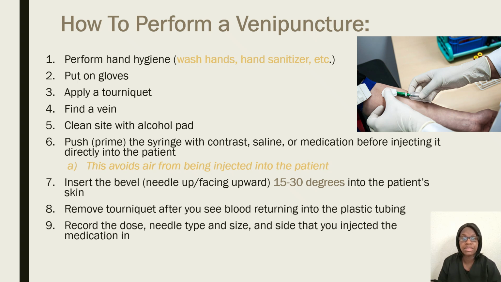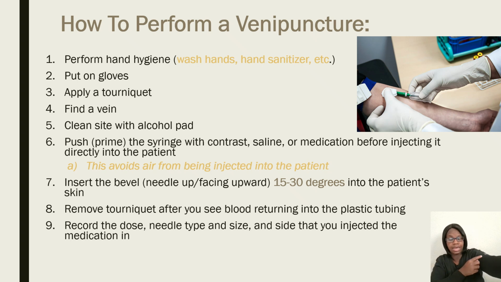The fourth step is find a vein. You must find a vein by using your fingers to feel for their vein. You can also feel for their vein on their hand, but you have to use a tourniquet first applied to the patient's arm.